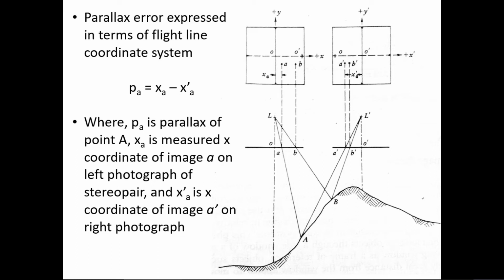So you can compare these two, from the plus x and plus x dash axis, what is the distance of points a and a dash on the left and right of the stereo pair? On the left it is small xa, on the right it is x dash a, right? The difference between these two is the parallax error expressed in terms of the flight line coordinate system.